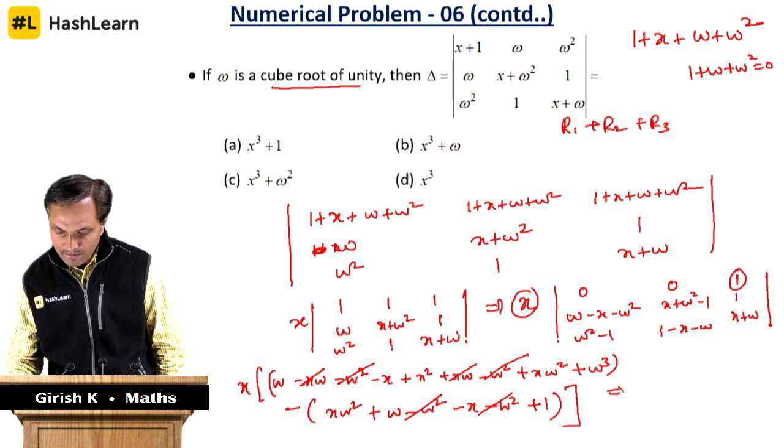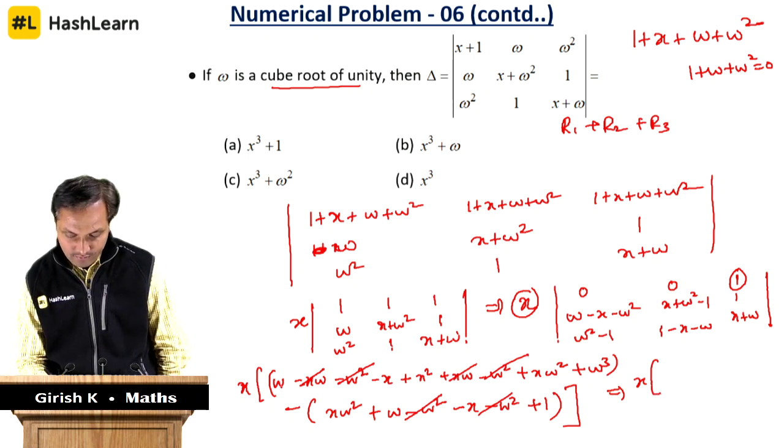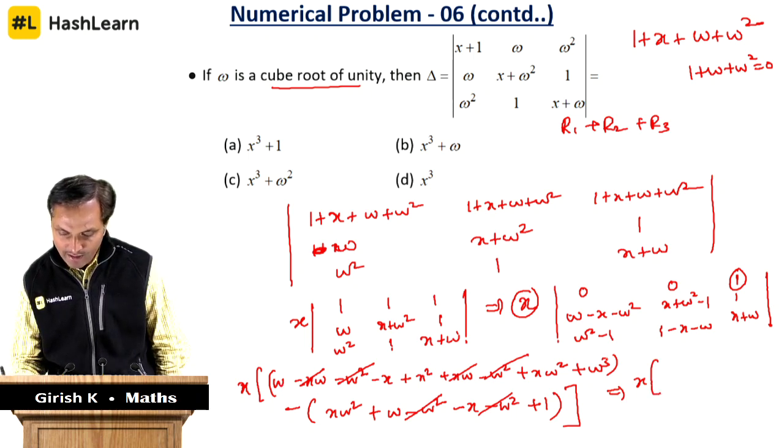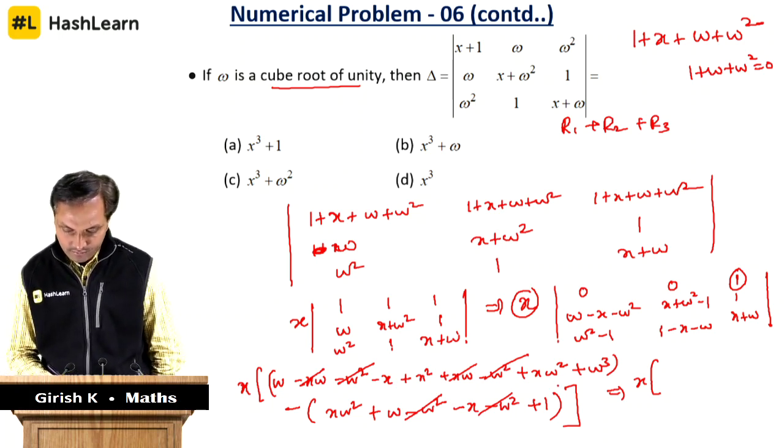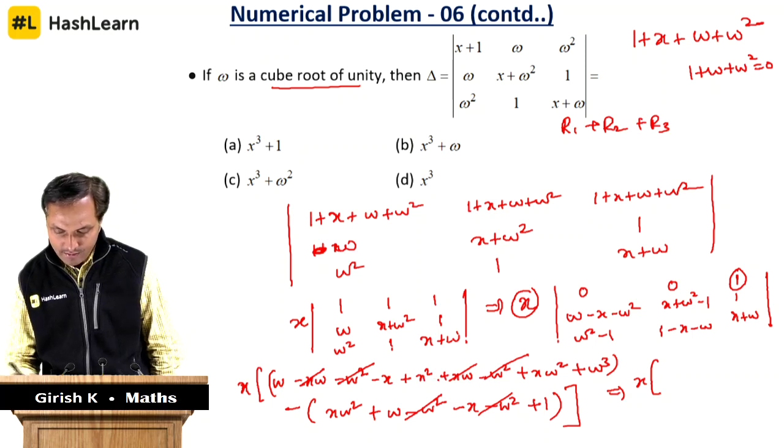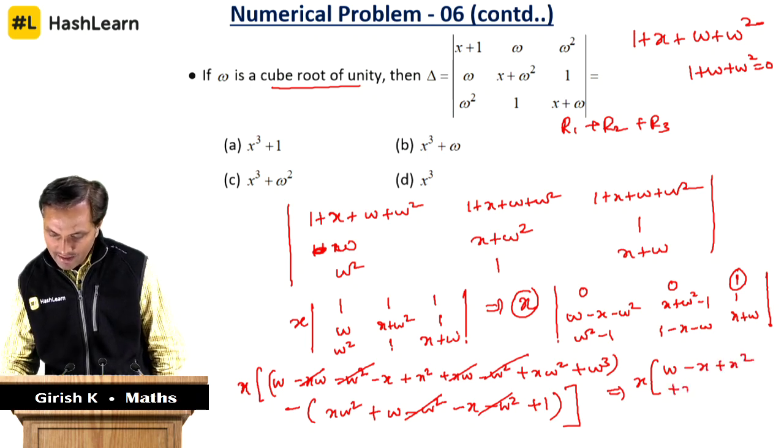Once we do the simplification, x is outside, so you know that omega and omega cube will give you minus omega square. Omega is here and this is x square, so omega minus x plus x square plus x omega square plus 1, and that is minus x omega square minus omega minus 1.